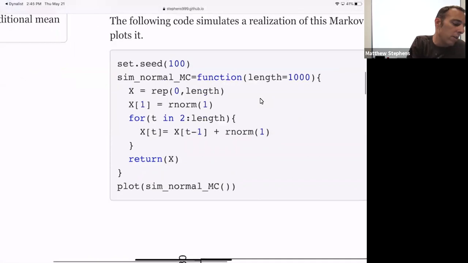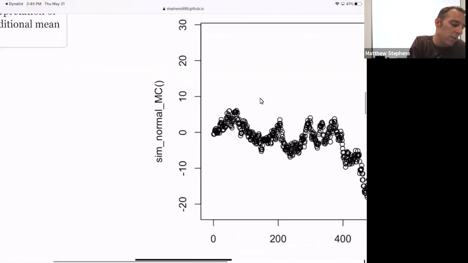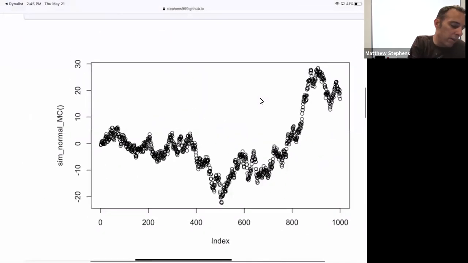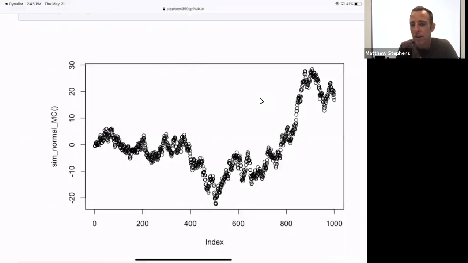Okay, so that's what I got when I did this. So the index here is time, I think. We started as a random normal 0, 1. And each time we've just added a random normal. And in fact, this is doing something called Brownian motion. Okay, it's this kind of wiggle.